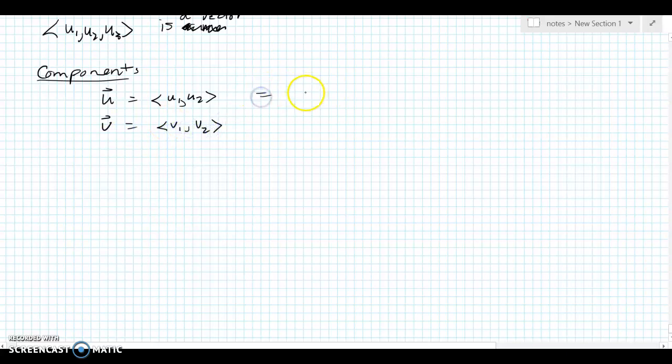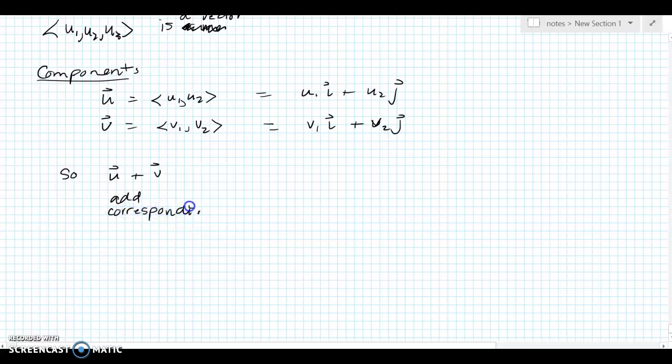Remember you can write this as u1 i plus u2 j, and this is v1 i plus v2 j. So u plus v in vector form, what we do is we add corresponding components. So we would get <u1 plus v1, u2 plus v2>. That's what we do.